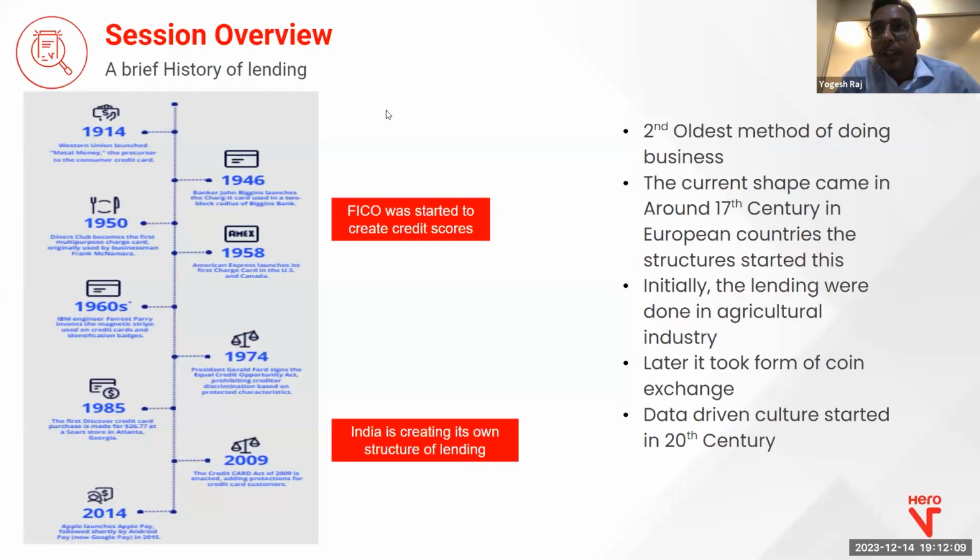There was a huge culture in the European market at that time, where a slave used to work for different kinds of owners. How that lending worked is there was an owner who had lots of land and multiple slaves working for them.